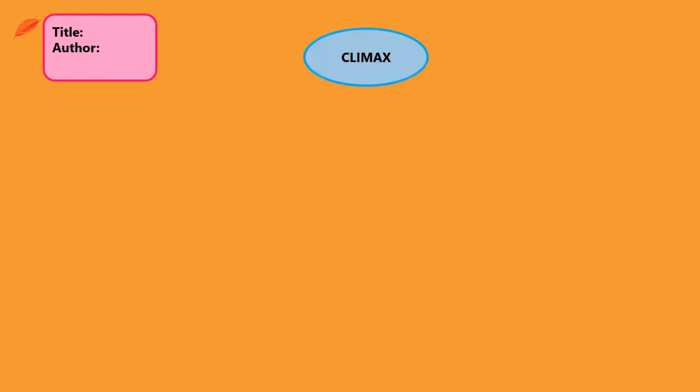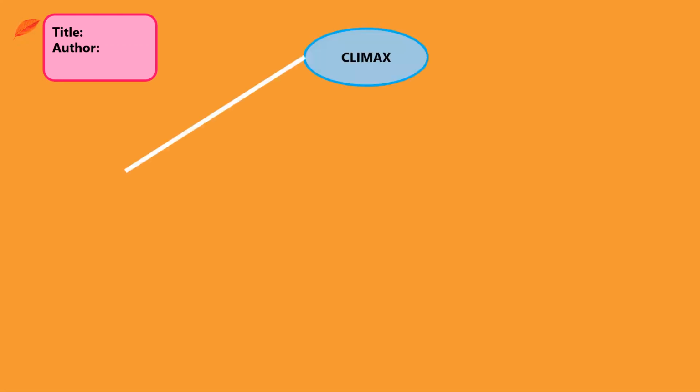So I'm going to show you first what the graphic organizer looks like. Okay, then we'll have an example. So here you write the title of the story and the author.